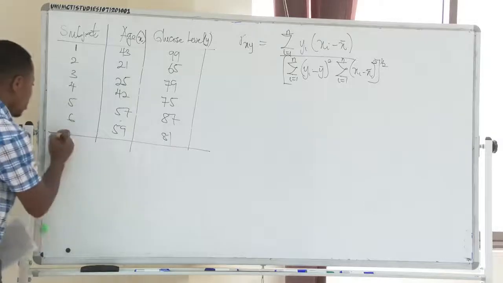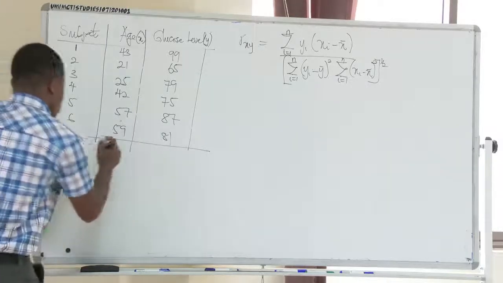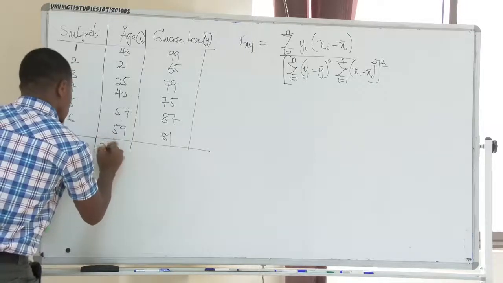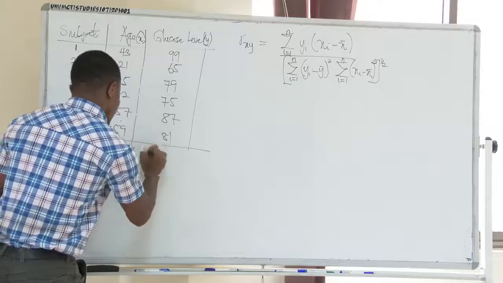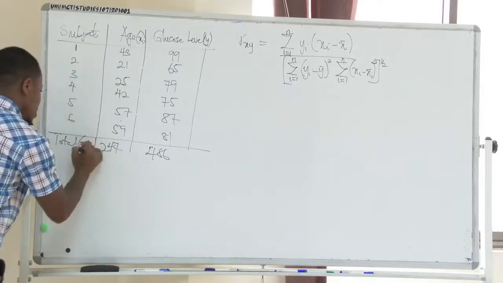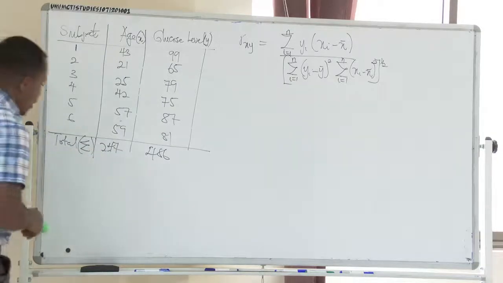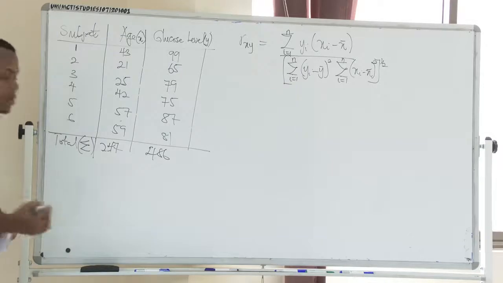Okay? Now the total for each of these is equal to 247, and the next one happens to be 486. Okay? Now this is the same as the summation.